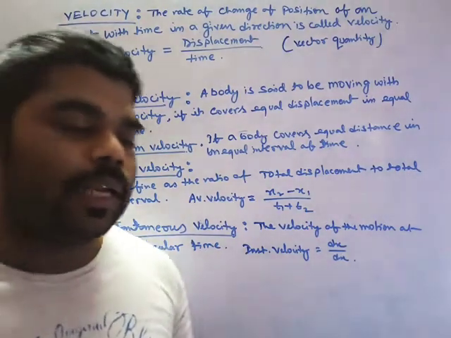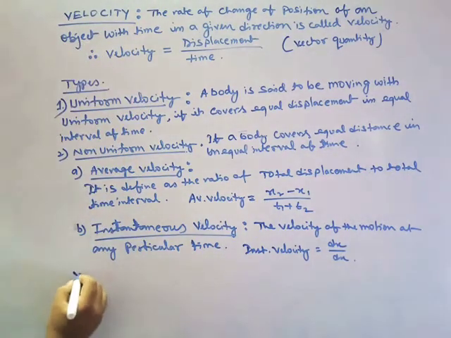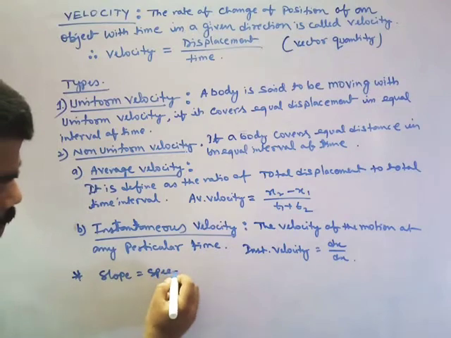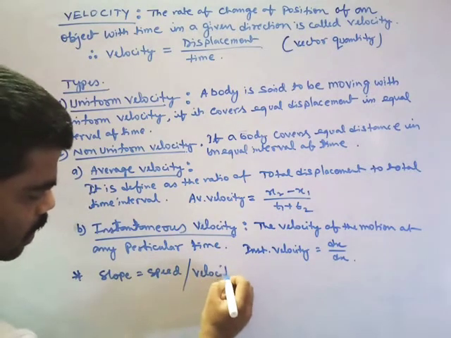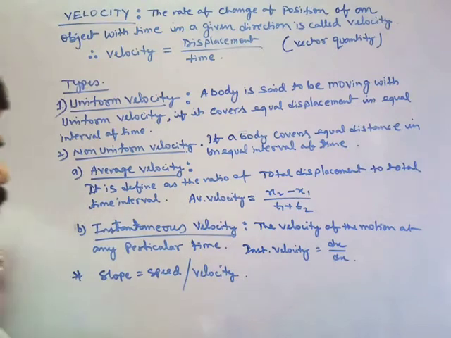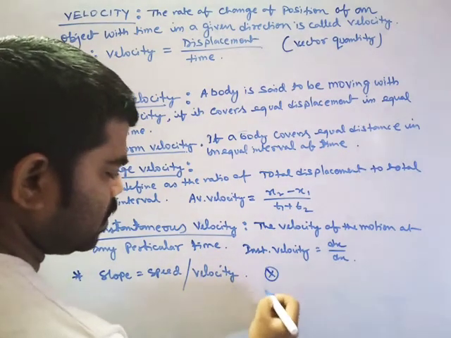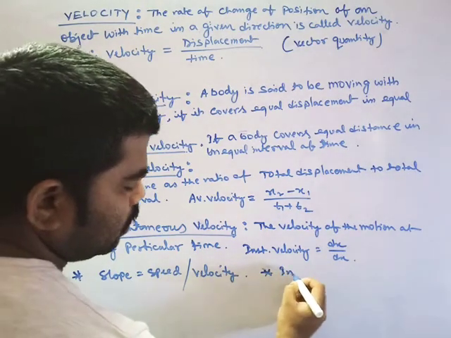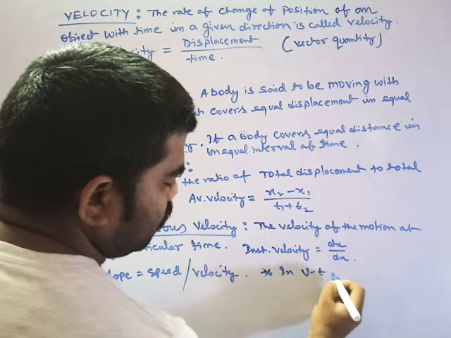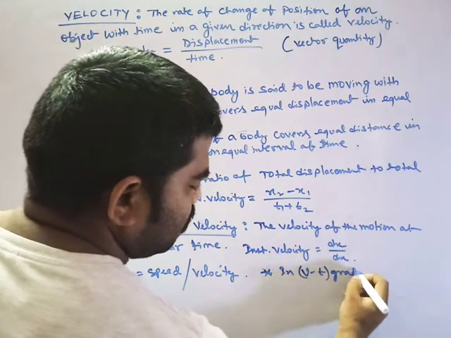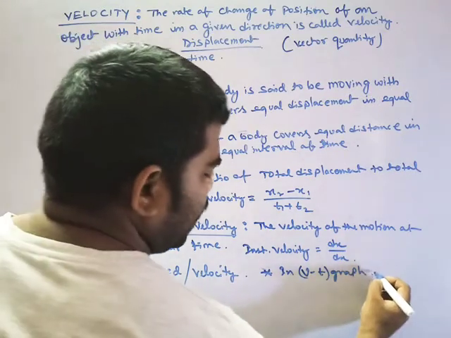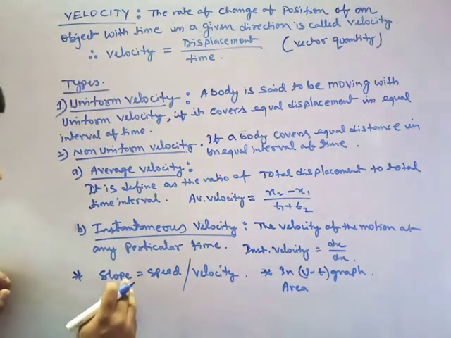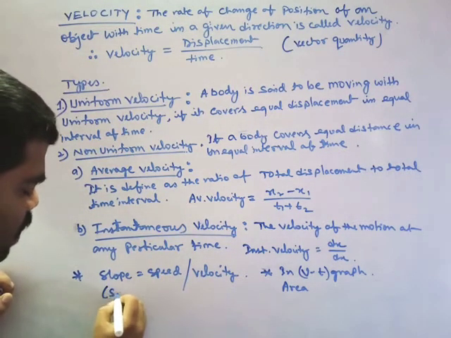Clear? So till now, in graphs, we get this information: the slope will provide either speed or velocity. Keep it in mind. One more piece of information: in a velocity-time or speed-time graph, the area will provide something. The slope is in the distance and time graph.